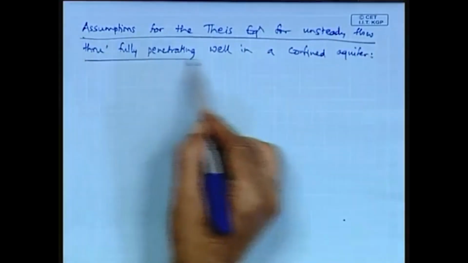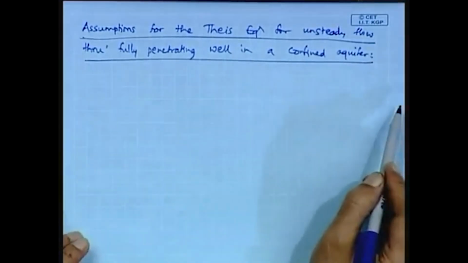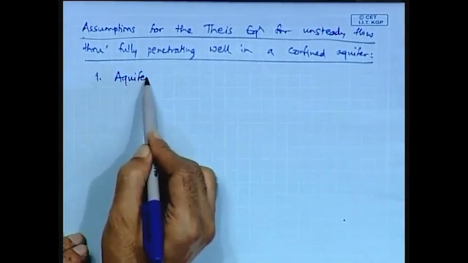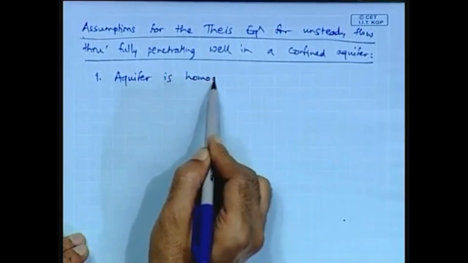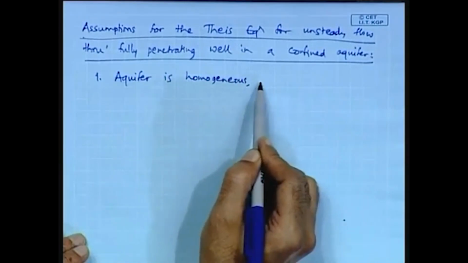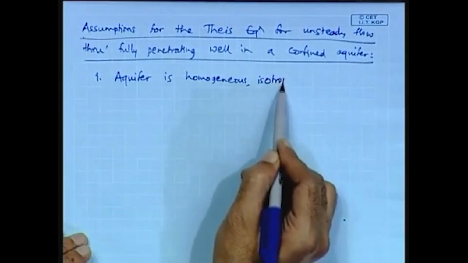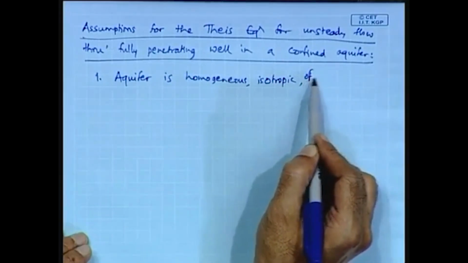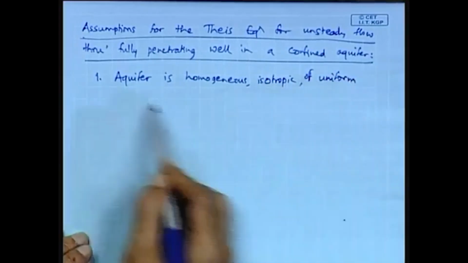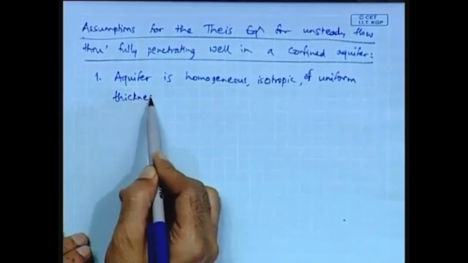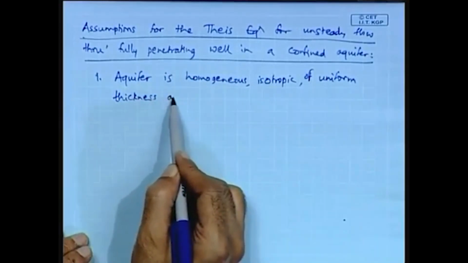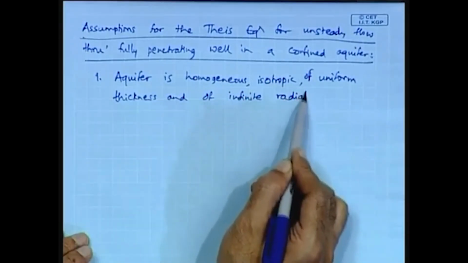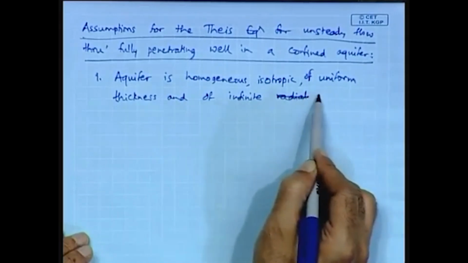So, let us list these assumptions. The first assumption is the aquifer is homogeneous, isotropic, of uniform thickness, and of infinite areal extent.